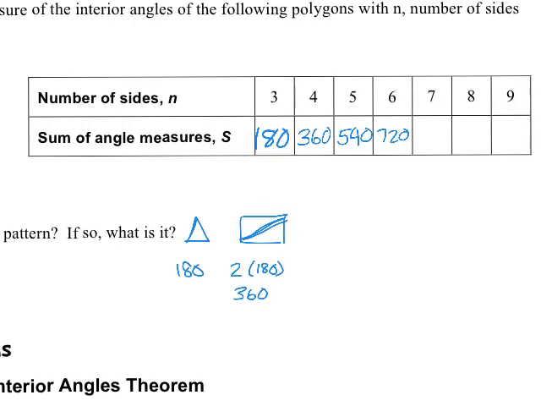Then if I move to a 5-sided shape, so a pentagon, it's not a very beautiful pentagon. If I break this into triangles, I could go 1, 2, 3 triangles, right? So now I have 3 triangles times 180 degrees per triangle. That's 540.